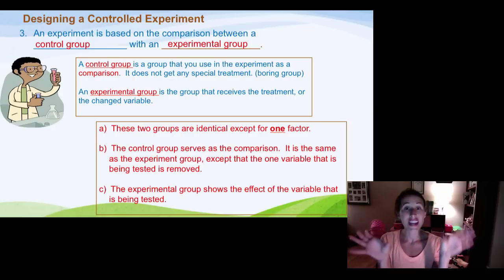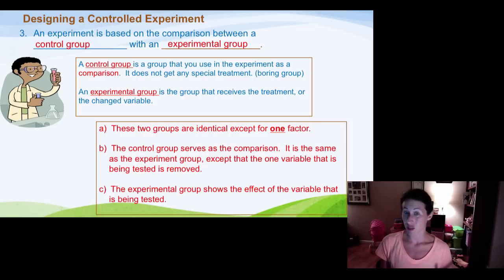These two groups are identical except for that one thing that you're manipulating or changing, that one independent variable. The control group is going to be the comparison, so it's the exact same as the experimental group, but that one change is being removed, okay? The experimental group is going to show the effect, hopefully, of the variable that's being tested.